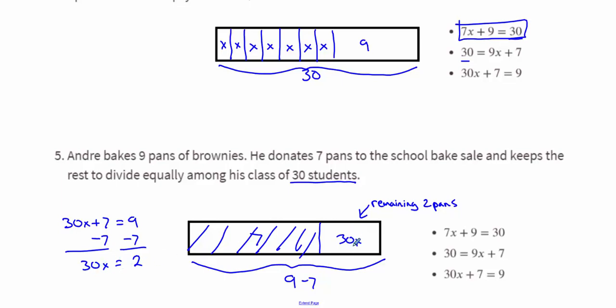So if I divide those 2 pans by 30, that tells me that each 1x is equal to 2/30 or 1/15 of those 2 pans. So each student gets 1/15 of those remaining 2 pans.